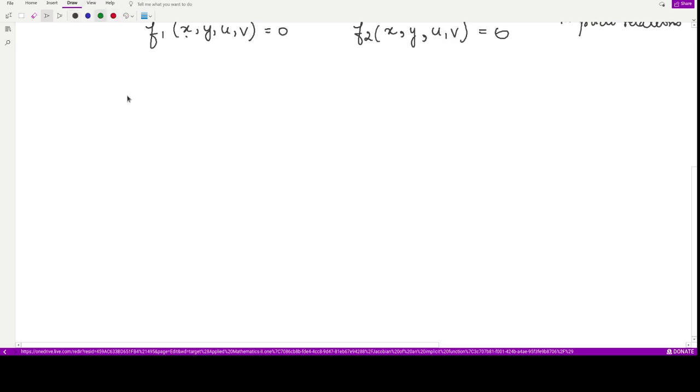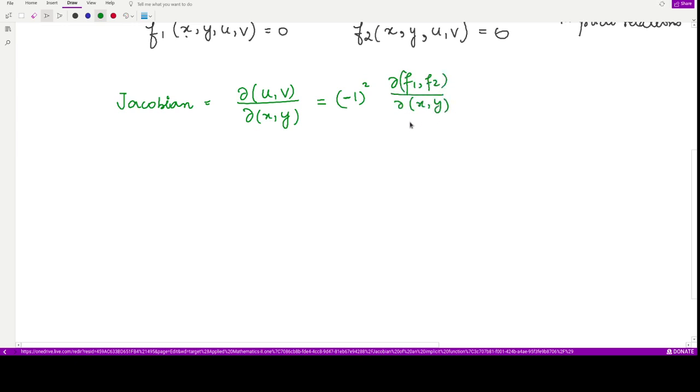The Jacobian is defined like this. It is del of u comma v divided by del of x comma y, that would be equal to minus 1 raised to power 2 times del of f1 f2 with respect to x and y divided by del of f1 f2 with respect to u comma v.